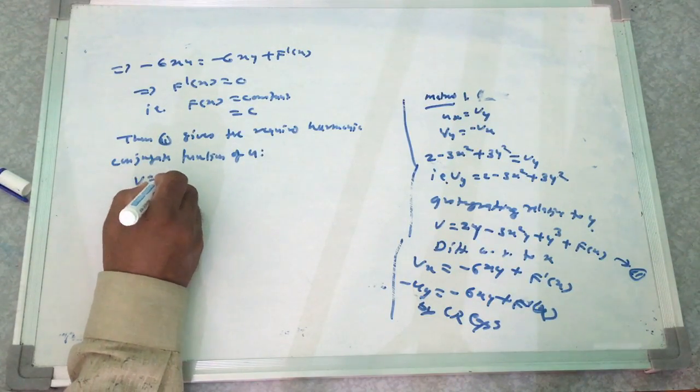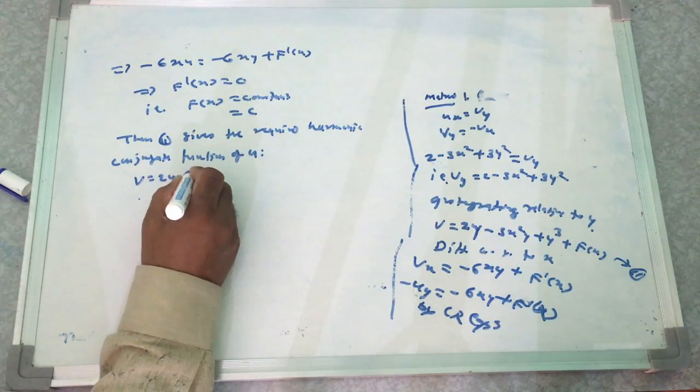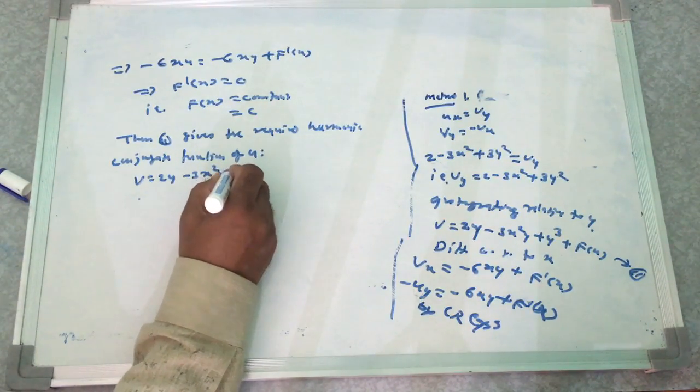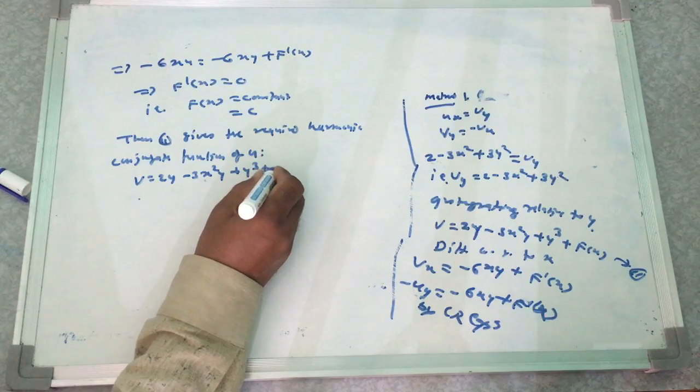Then v is equal to 2y minus 3y square minus 3x square y plus y cube plus c.